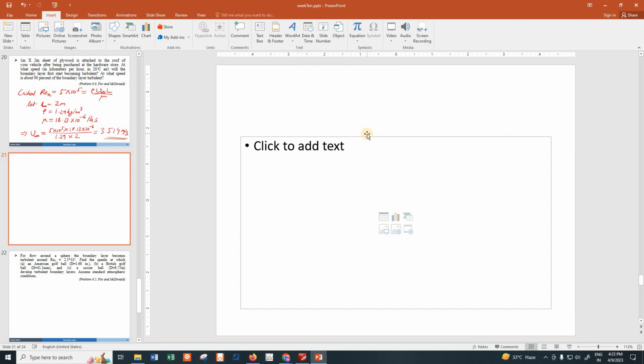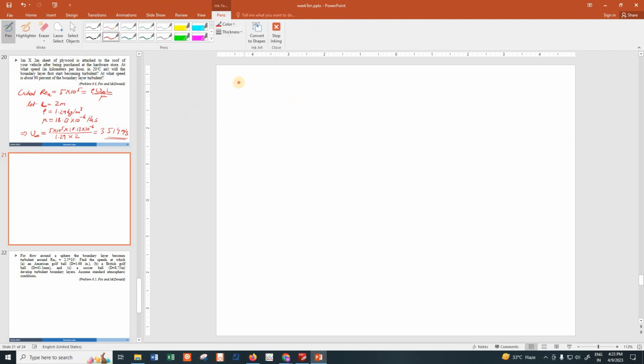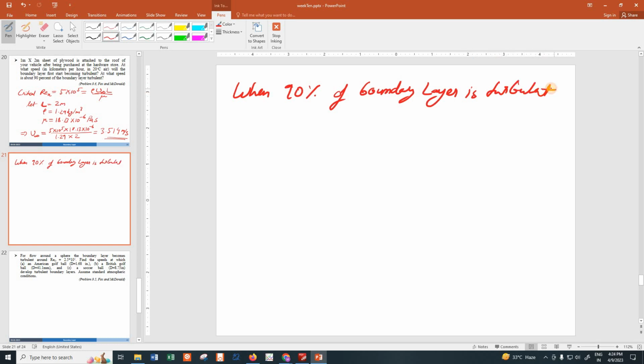Now it further asks at what speed about 90% of the boundary layer is turbulent. So when 90% of the boundary layer is turbulent, that means the L we now have is 2 into 0.1, which is basically 0.2.